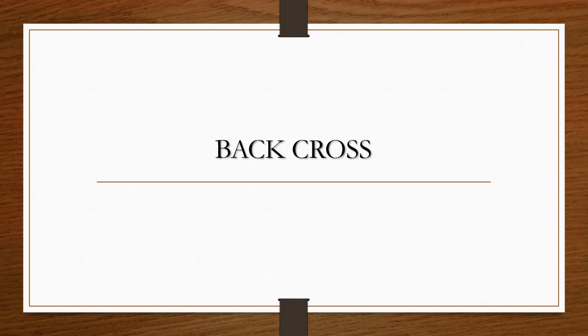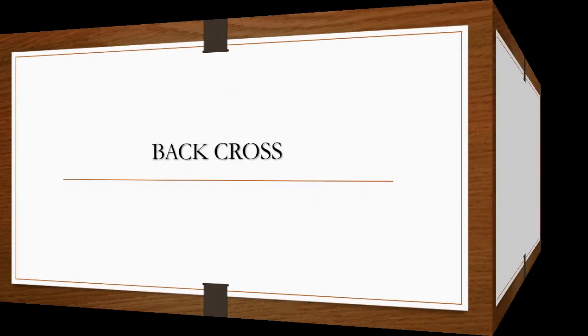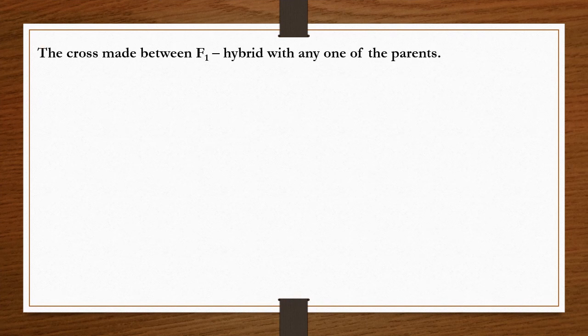The next concept is backcross. Definition of backcross: the cross made between an F1 hybrid and either one of the parents is called a backcross. We already discussed the previous concept, test cross.